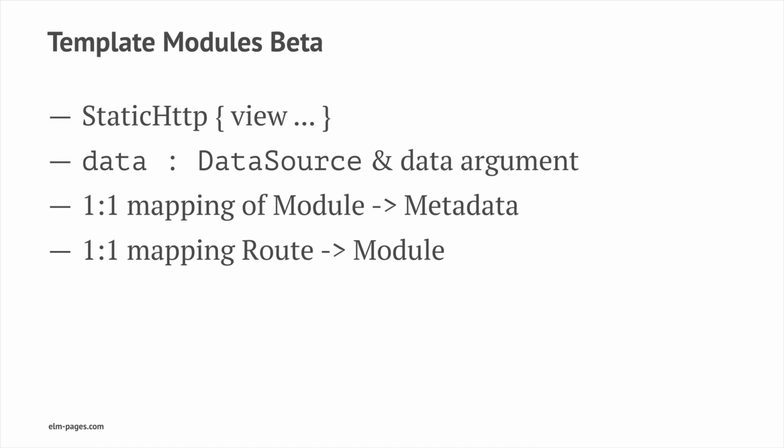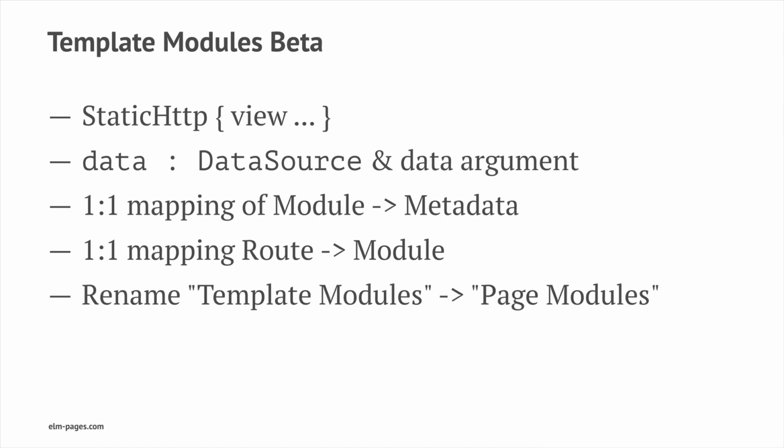So let's double down on that idea with this new mental model. From the 1.0 template modules beta, the name has gone from template modules to page modules. We've got file-based routing, and from using it in the alpha period myself, I love it.